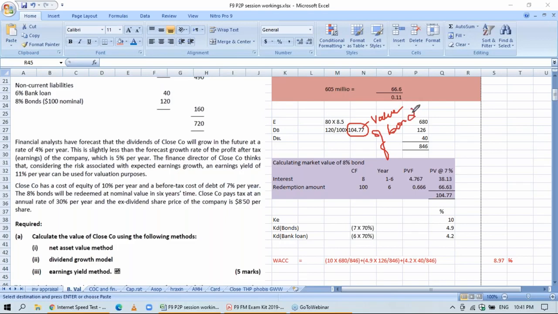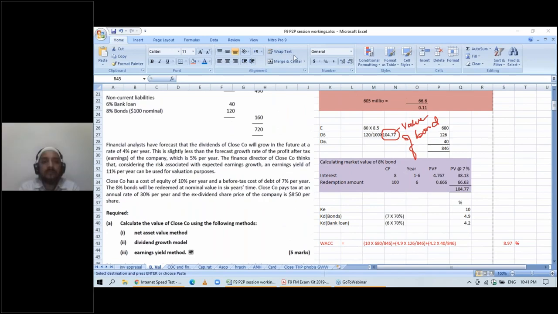Now, the important concept is, students, please listen carefully now. There is an important concept: how do we calculate value of various investments? So the concept is that, what do you expect from an investment?